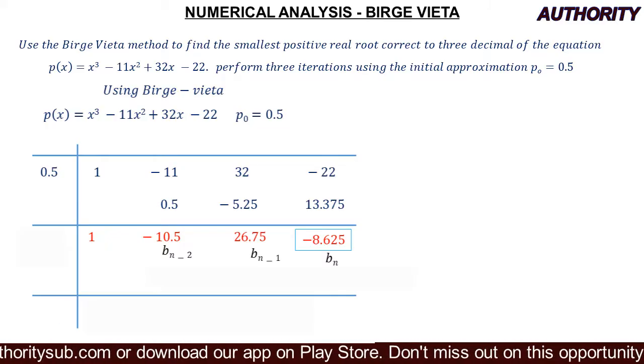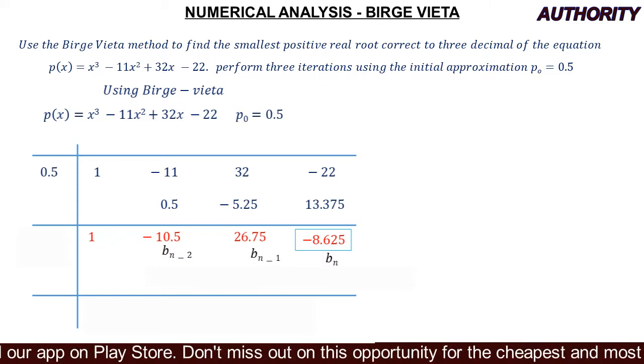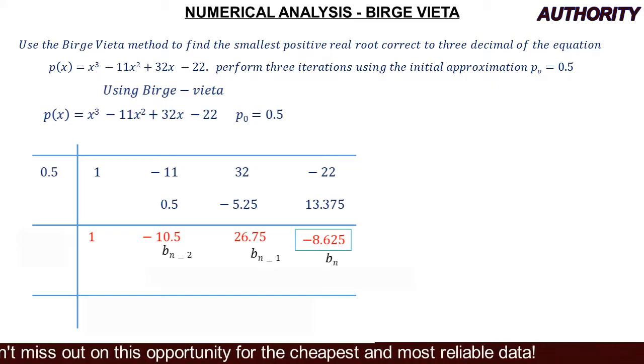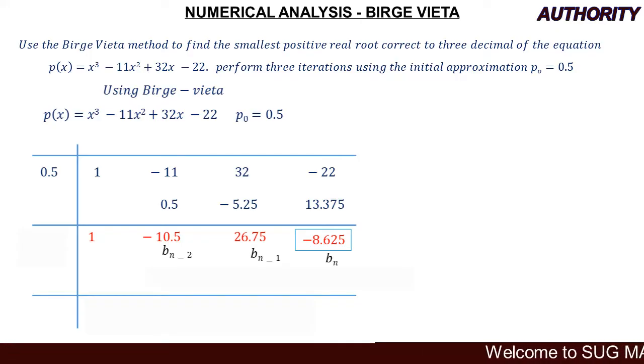So this operation we just performed, we are going to repeat it again. The next operation will not reach this end like the first one. Now let's perform the operation. We write the p naught again.